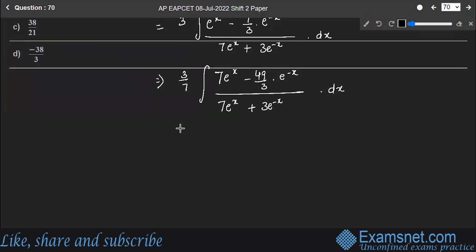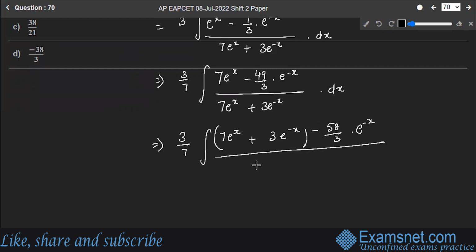Now further, 3/7 times (7e^x + 3e^(−x) − 58/3 e^(−x)) divided by (7e^x + 3e^(−x)) dx.